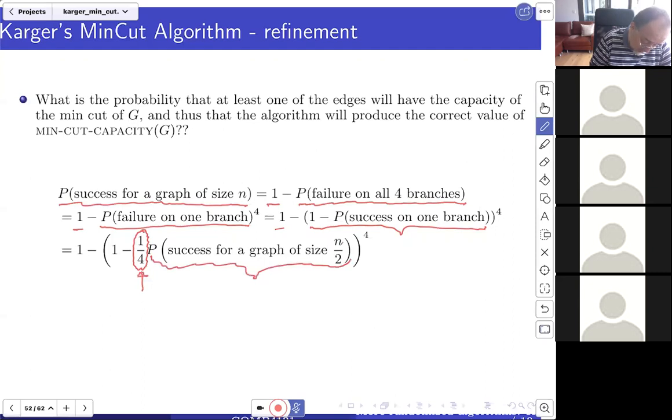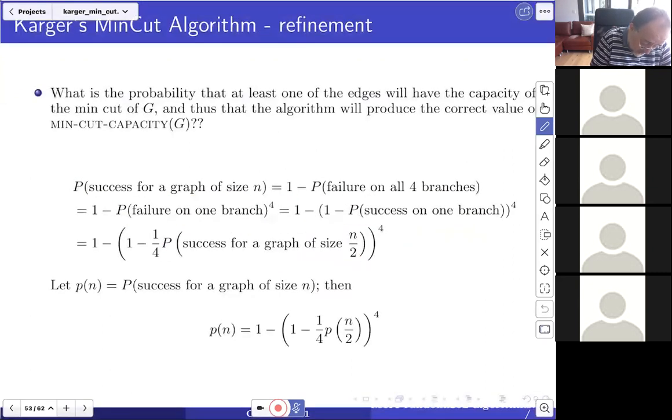Okay, so to simplify notation, we will denote P of n, the probability of success for a graph of size n. Then we have that P of n, which is this, is equal to 1 minus 1 minus 1/4 P of n/2, taken to the power 4.